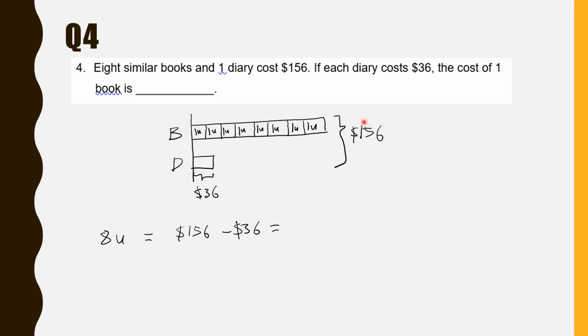Because 156, the total, minus one part, gives you this part over here, which is 8 units. So it's easier for you to understand how to solve this question later. So 156 minus 36, you can easily use mental sum, and you get $120. And then you solve it by taking 1 unit equals 120 divided by the 8 units.